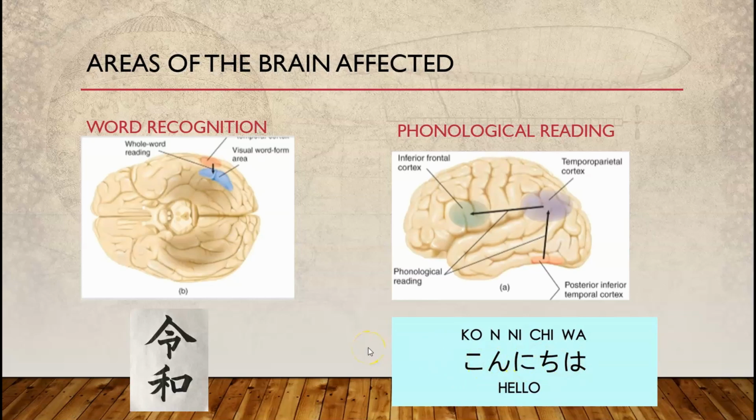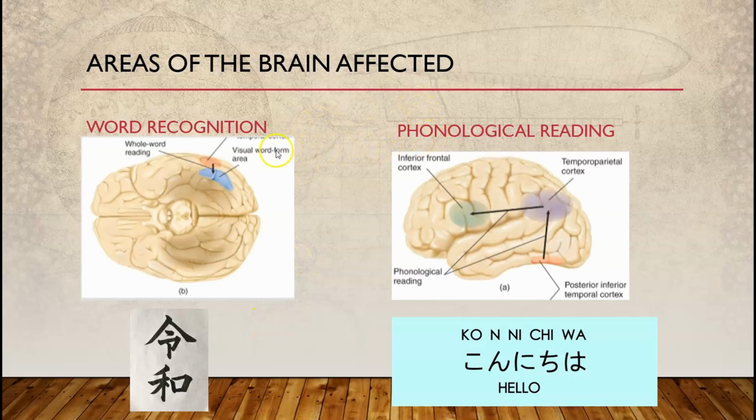So this basically showed us that there are two separate areas of the brain that work on pronouncing and reading words. And for word recognition, we have the visual word form area. And if this is damaged, obviously, you would have trouble reading the word and recognizing it.